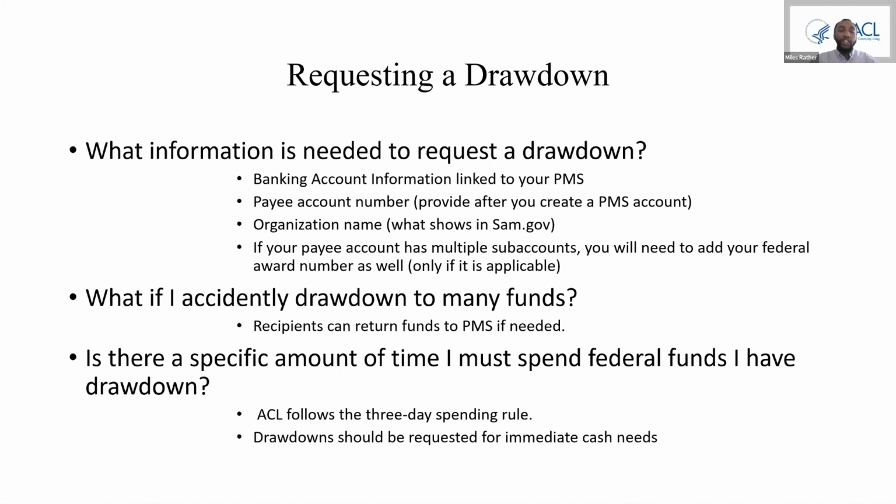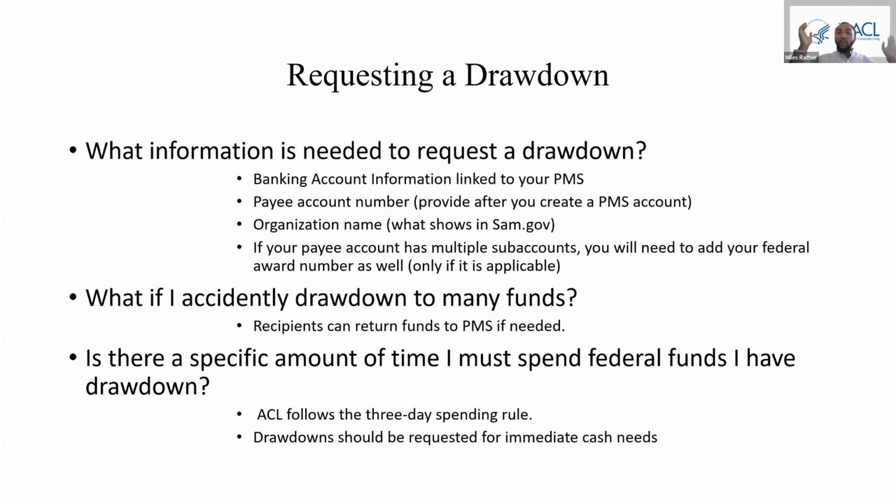Then you would need your organization name exactly as it's shown in SAM.gov. Any misspelled words or any period that's not supposed to be there, you will not be able to find your file. And if your payee account has multiple sub-accounts, let's say you have multiple awards going to that same payee account, you will need to add your federal award number as well. And this can be found on your NOA.